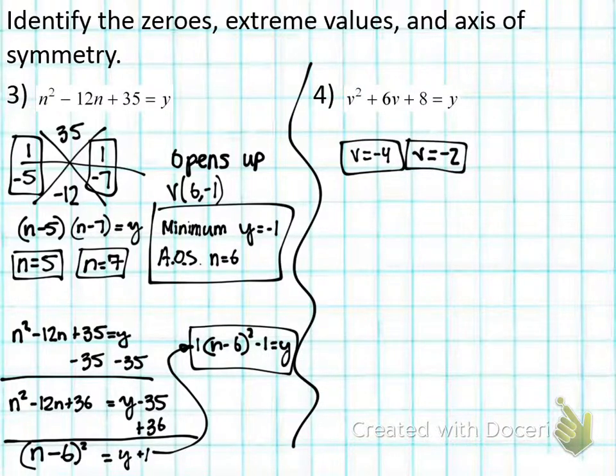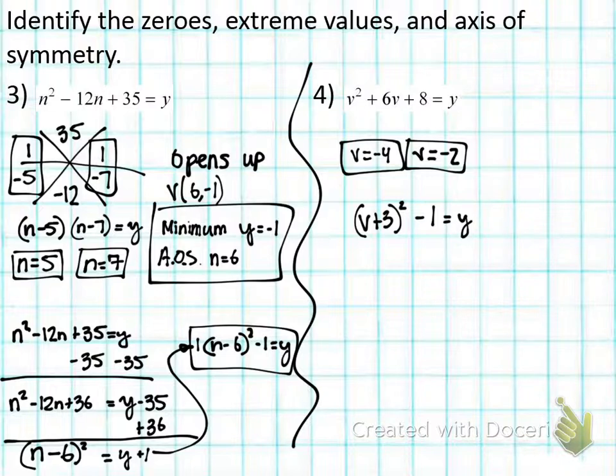Good. Now, what about when we complete the square? What's my equivalent equation going to be? Someone. Yeah. V plus 3 squared minus 1. Okay, raise your hand if you agree. Yep, that's right. Okay. What's A equal to, everyone? Opens up or down?